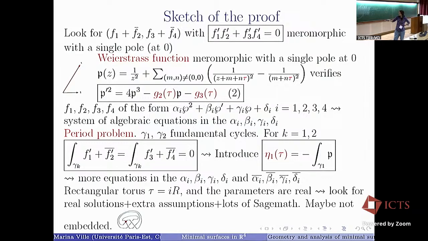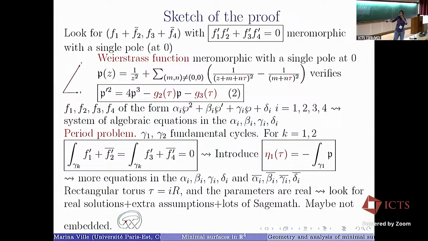That's why we do rectangular tori: tau is equal to i, and all these three quantities are real. So this really annoying problem of numbers and conjugates goes away. The rectangular torus is not special in itself; it was just easier to do. So we work on the rectangular torus.